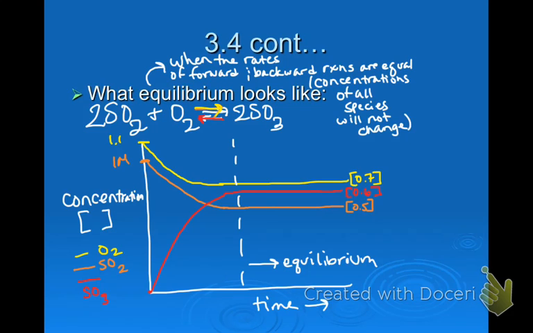Now I want you to notice a couple things. Number one, the species concentrations are not changing. Number two, the concentrations of the species are not necessarily equal. So that's an important one. Just because they're at equilibrium, which kind of sounds like equal, it's equal rates, not equal concentrations. So I'm going to just say concentrations do not have to be equal.